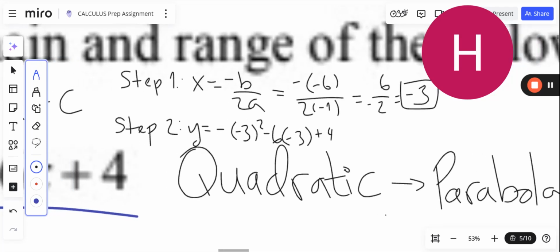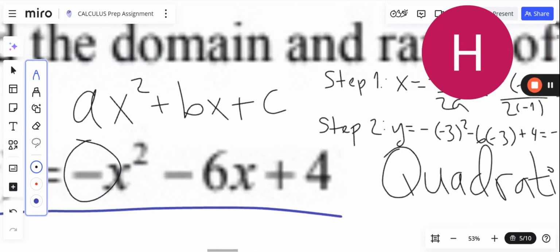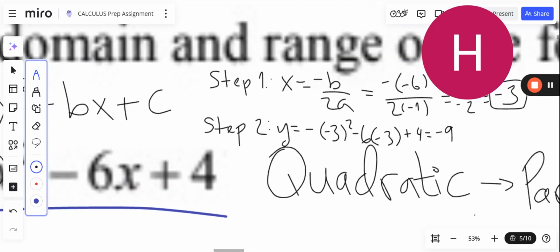Yeah, plus 4. Okay, so we have negative in front of a negative 3 squared, which is 9. You understand that? There's a negative in front of the parentheses, and that's because in the equation it's negative in front of the x squared.